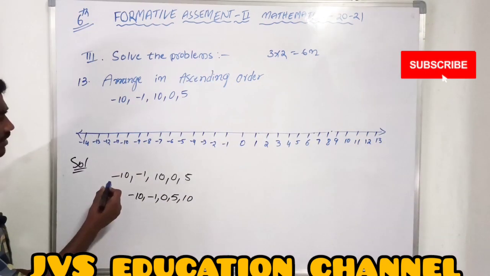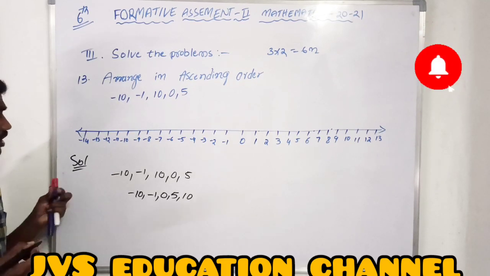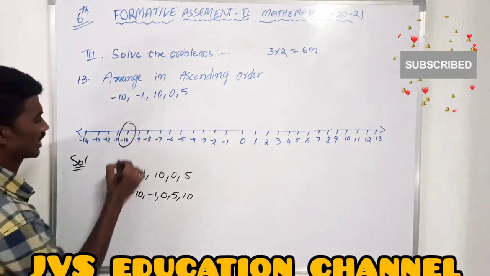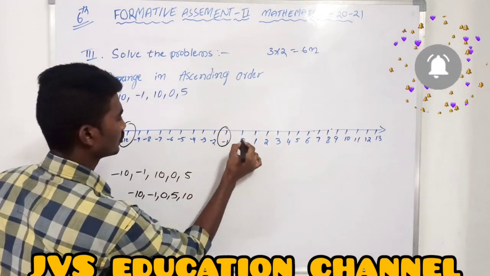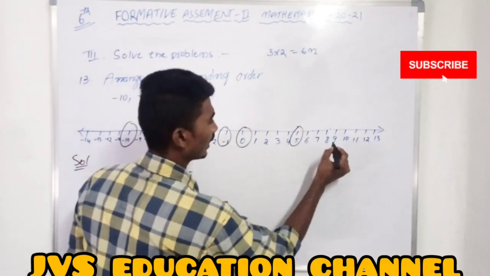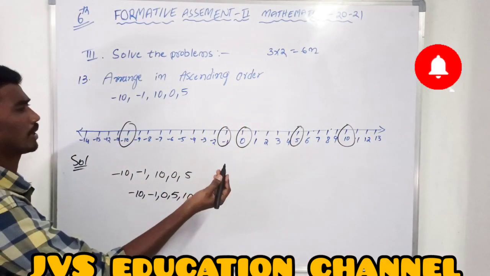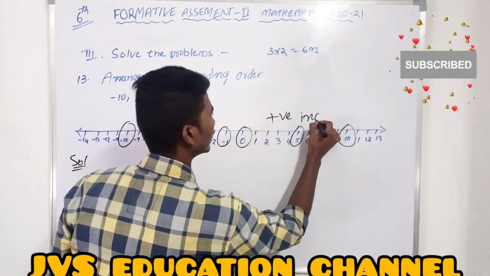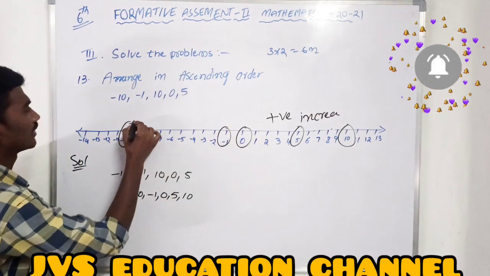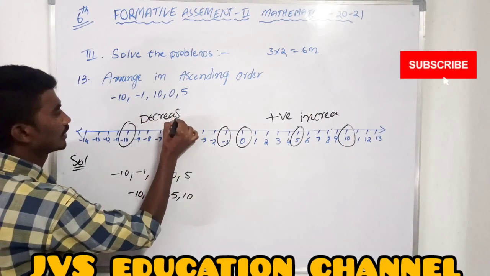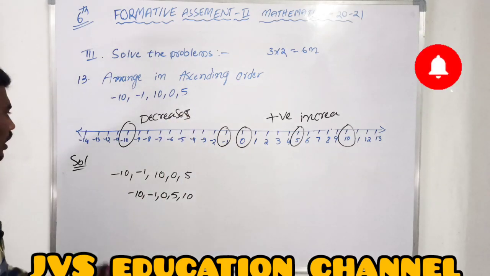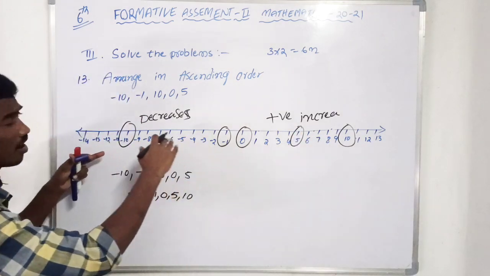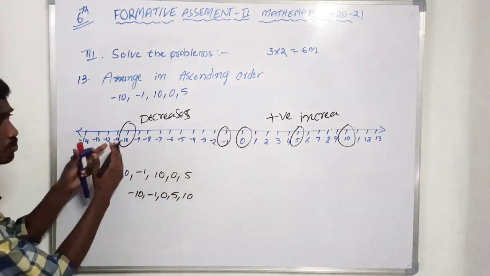Now we check on the number line. First, observe the given numbers on the number line: minus 10, minus 1, 0, 5 and 10. Going forward on the number line, numbers increase, and going backward, numbers decrease. Forward is increasing, small to big.